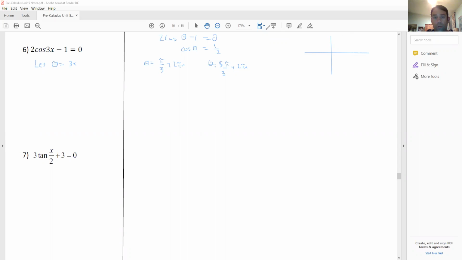Plug them in here. And if you're looking at it, again, they're not going to link together. So since they don't link together, we can go ahead and just proceed with both answers. And so we're going to set 3x back in for theta.